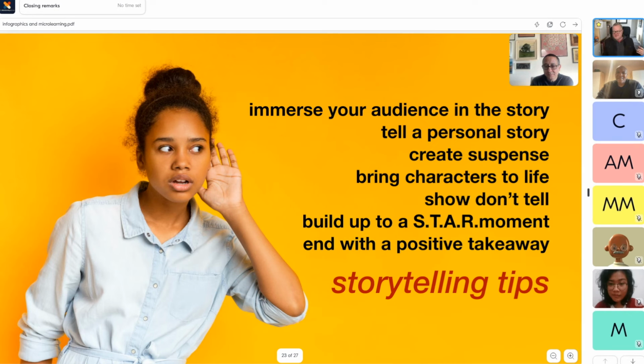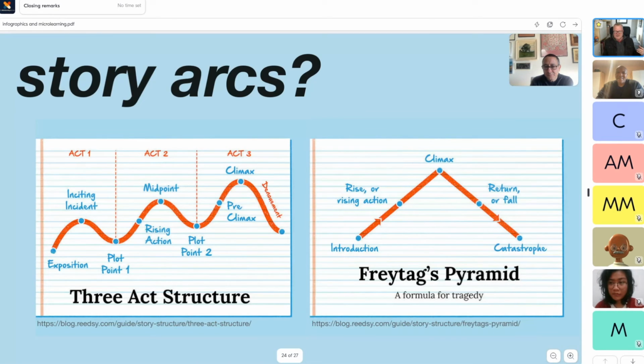If you're interested in the whole world of storytelling, there's a really good website called blogreadsy.com. What's on this site is what they call storytelling arcs, and it is possible in a graphic to tell a story. These are just two storytelling arcs that I use.